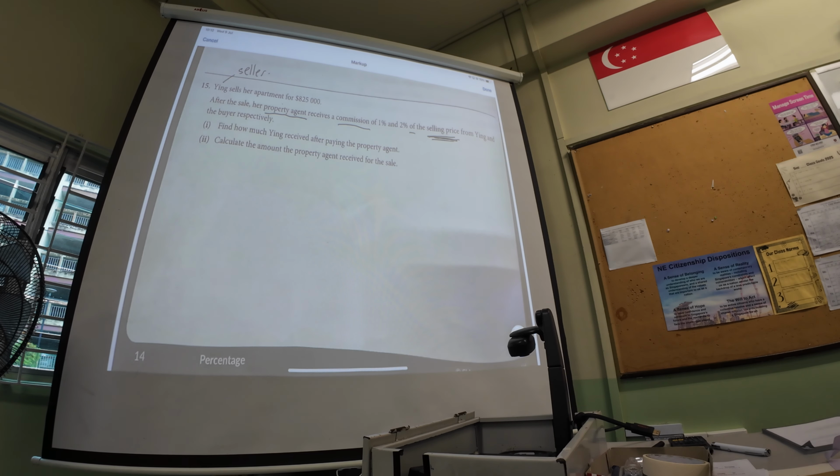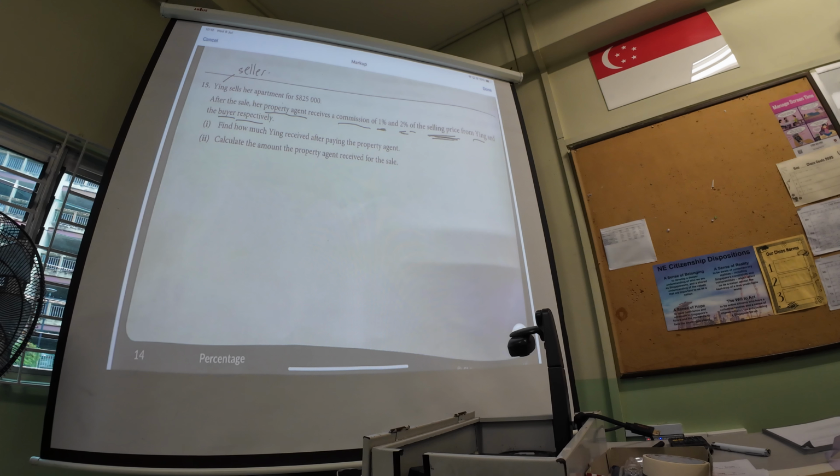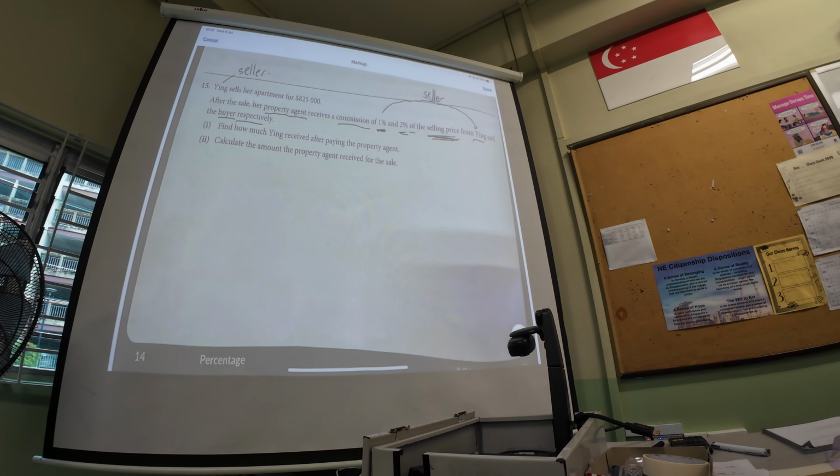So the property agent received 1% and 2%. Then they say respectively. Here is seller and then buyer. Respectively means the first number refers to the first person, so this 1% is the seller commission.